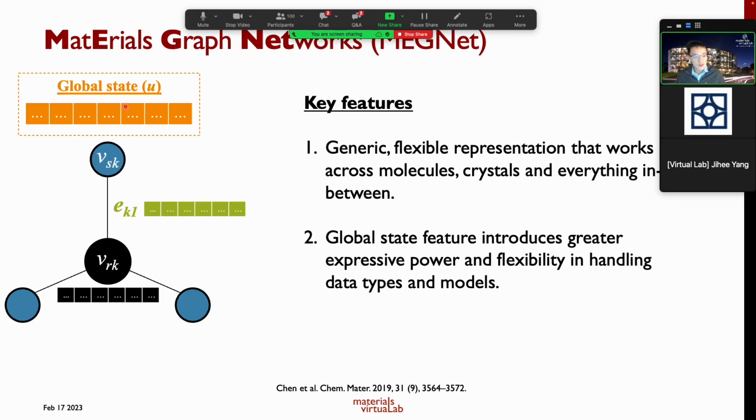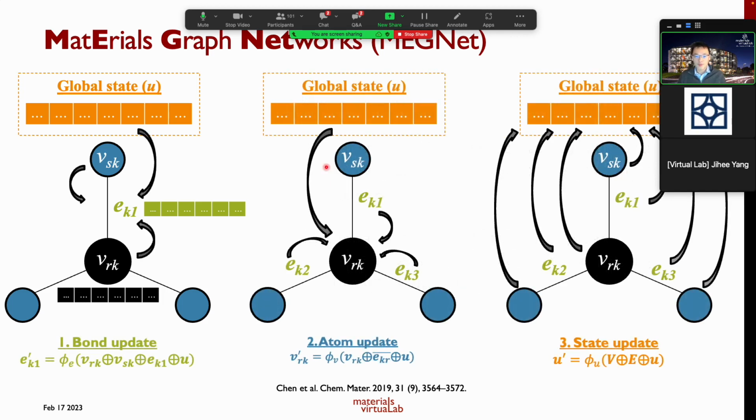Now, all graph neural network models work roughly the same way, and MEGNet is the same. Basically you have information flow, or message passing, between the components of the graph. In our MEGNet models, there is a three-step process.